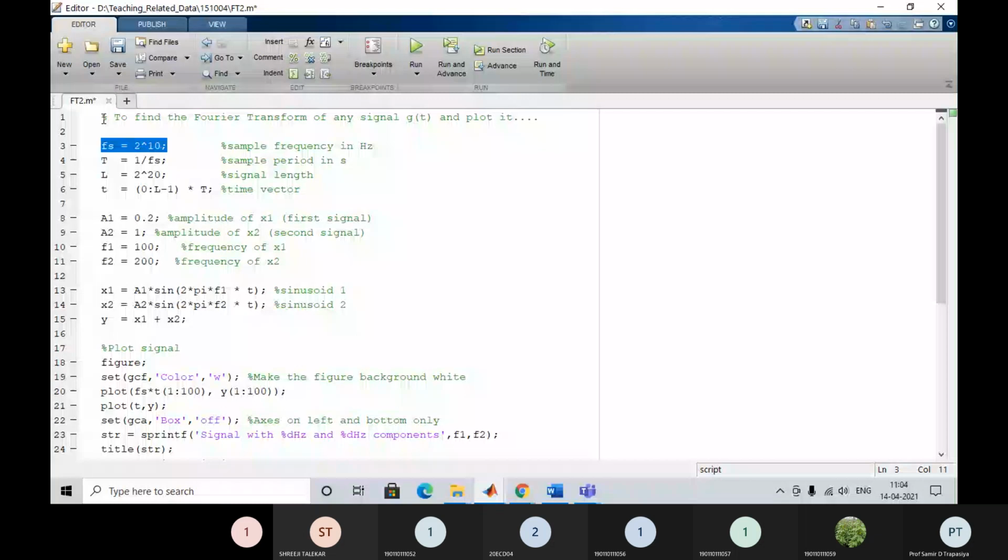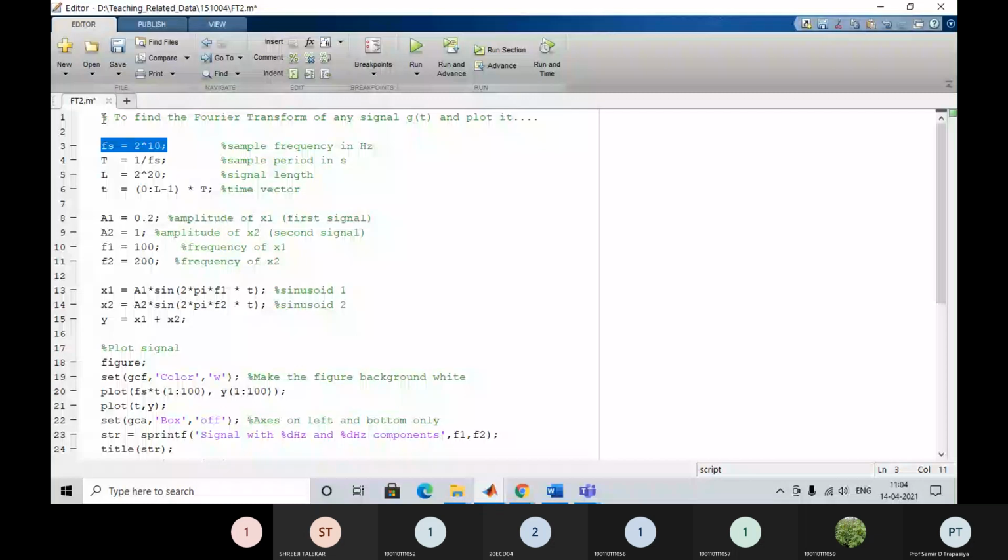It's finite-duration signals that we always have to consider whenever we find the Fourier transform. As I have already mentioned, the Fourier transform exists only for non-periodic signals or signals which have some finite duration. So we need to define how many total samples lie within the signal. That's why we are giving the limit of 2 raised to 20 as the number of samples for the signal.